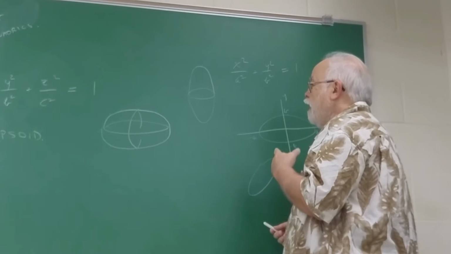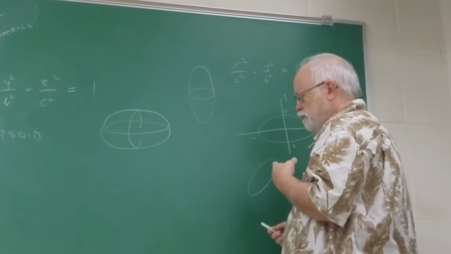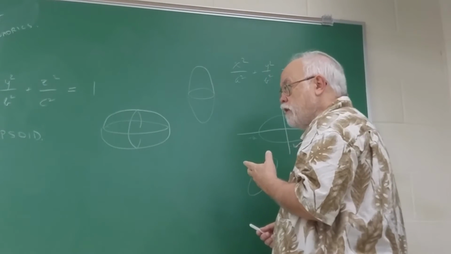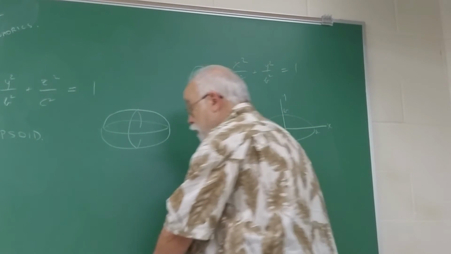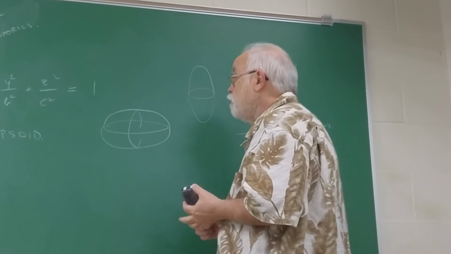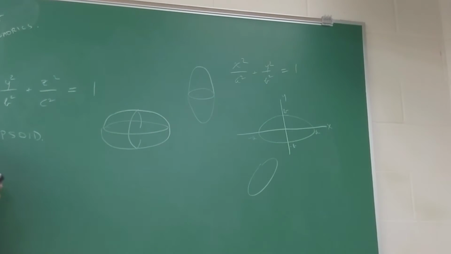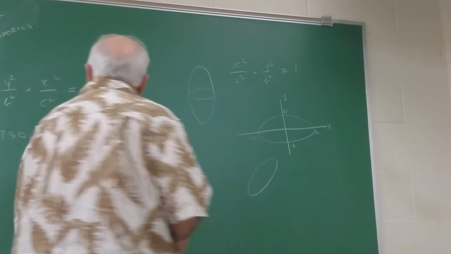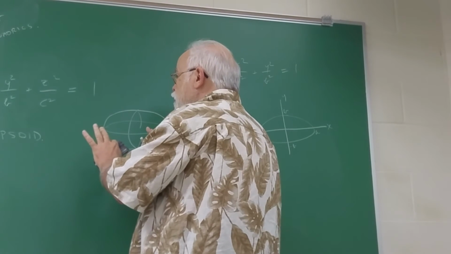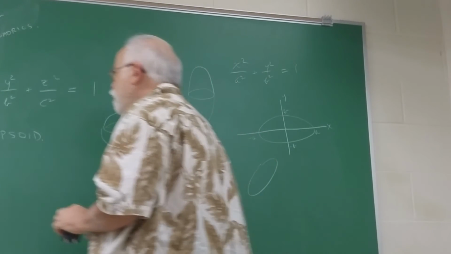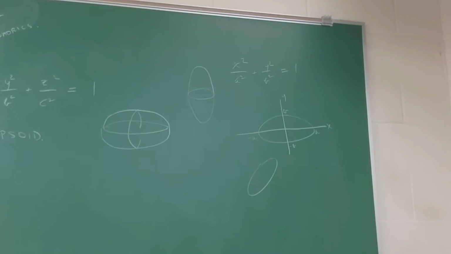So that would be an ellipsoid of revolution. We could get its volume by the disk method or something. If a, b, and c are all equal, what do I have? A sphere. There's not much else to say about that. At some point, we're going to be looking at the volume of the ellipsoid, but not tonight.